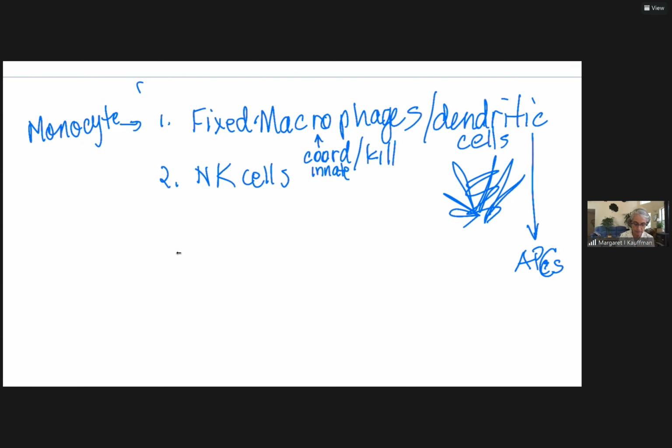So NK cells we are going to come back to, but remember from what we said before, these are for intracellular and cancers, and they can be largely in connective tissues.